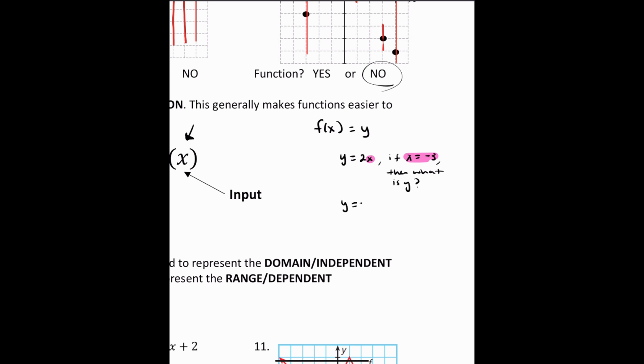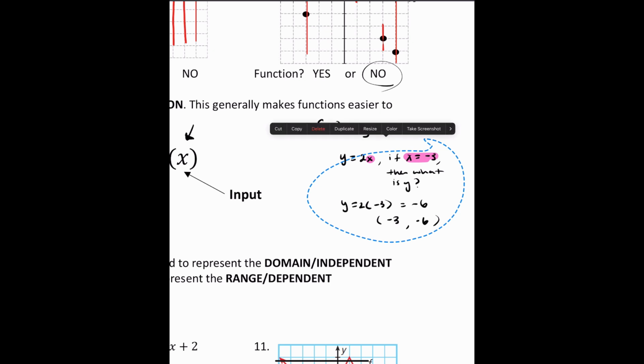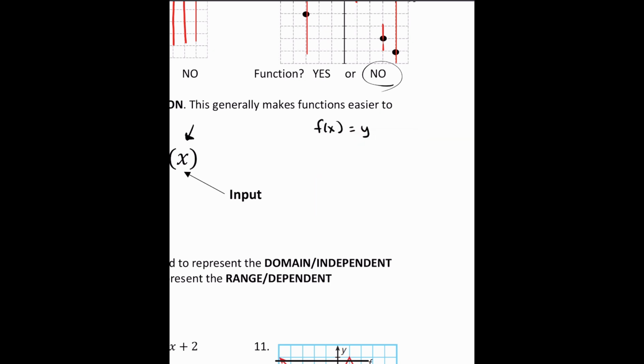So y equals 2 times -3, which is -6, and then I can create my ordered pair. The input, or our x value, is -3, then our output, or our y value, is -6. Okay?